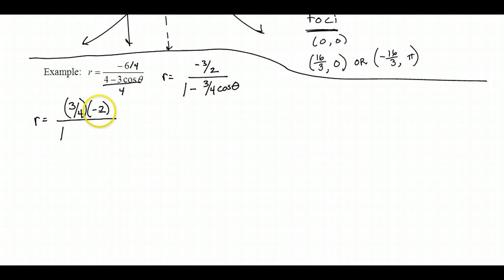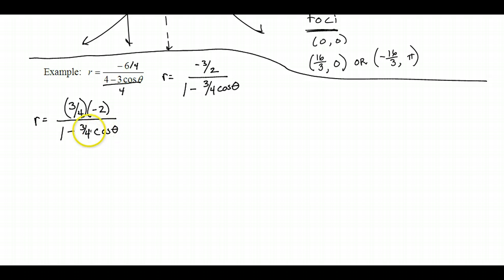And really your distance can't be negative either. So when we actually say our distance, we'll take the absolute value of it. But really the negative should go with the distance because it is going to affect where the directrix is. So there's our numerator. Our denominator, 1 minus 3/4 cosine theta.